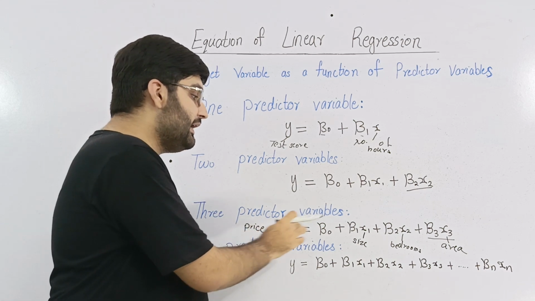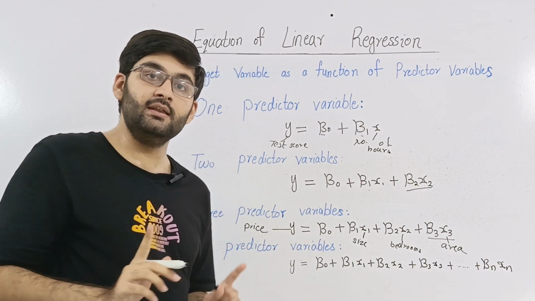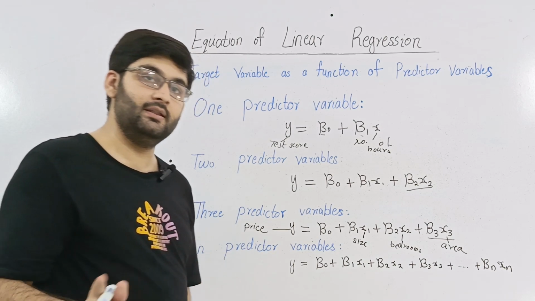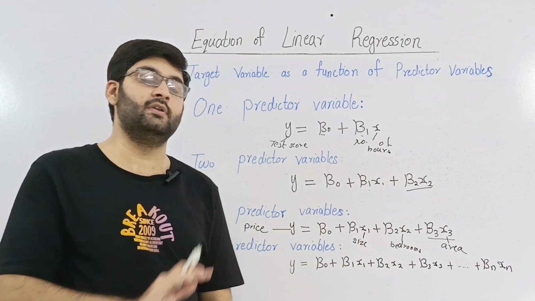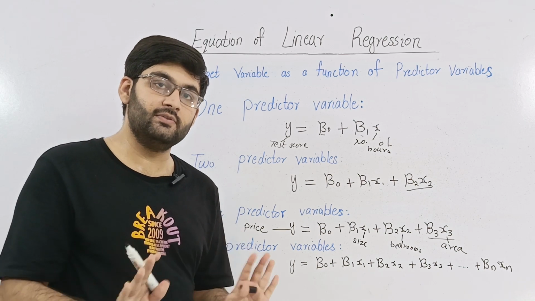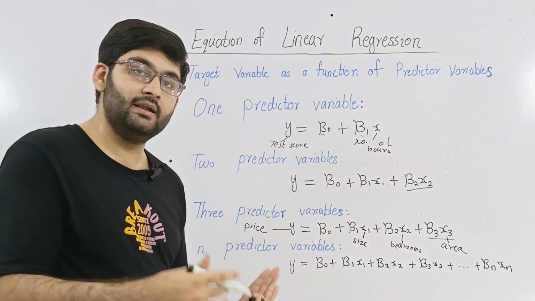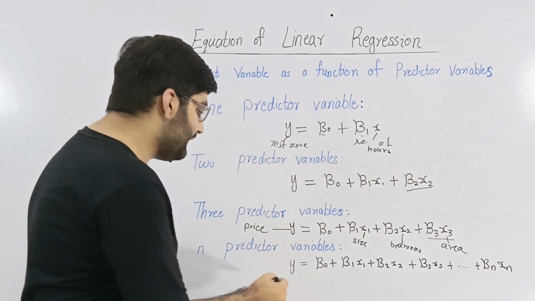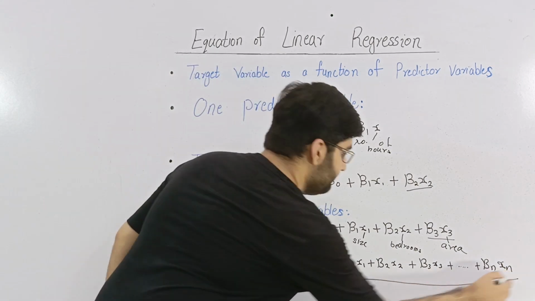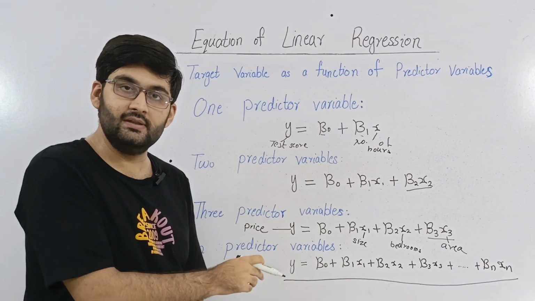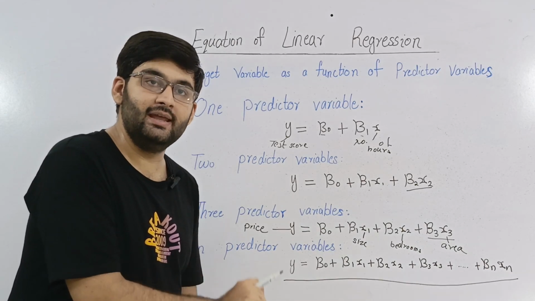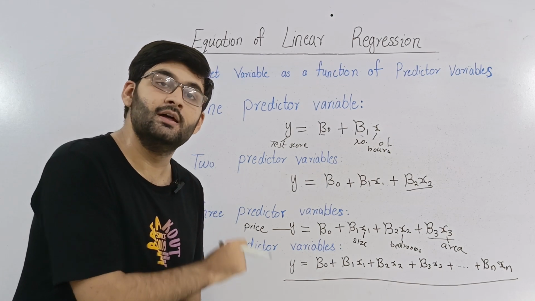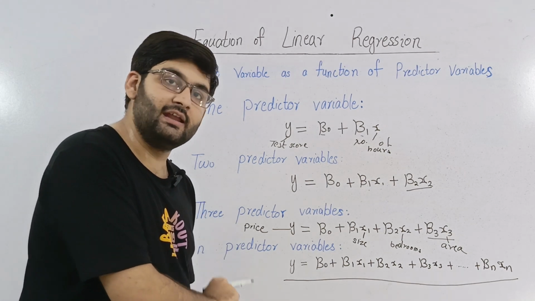So this is the equation of linear regression when there are three predictor variables, and we can extend this equation to n predictor variables and write it as follows. You can use this generic equation to obtain the equation for any specific number of predictor variables for linear regression.